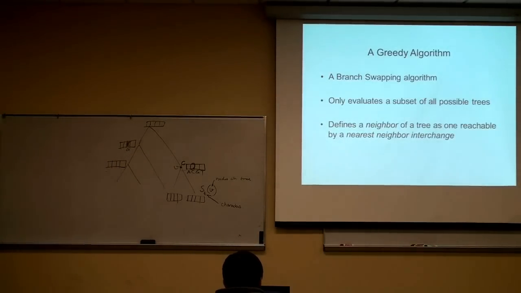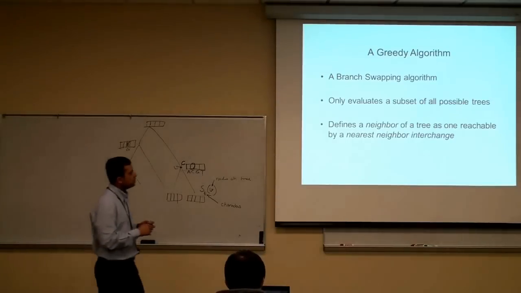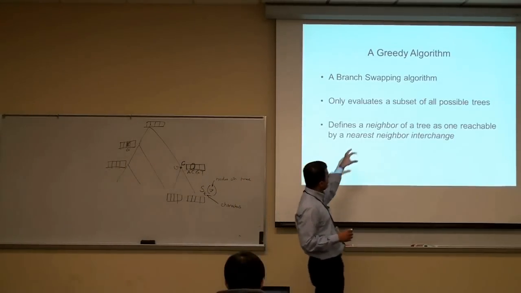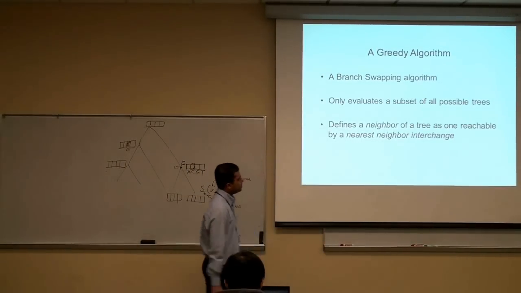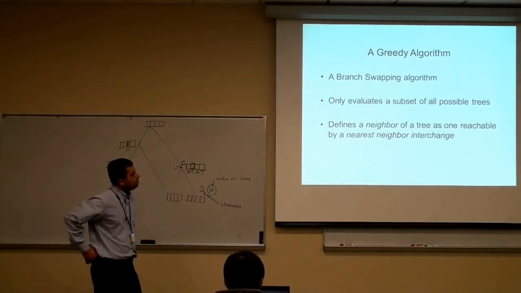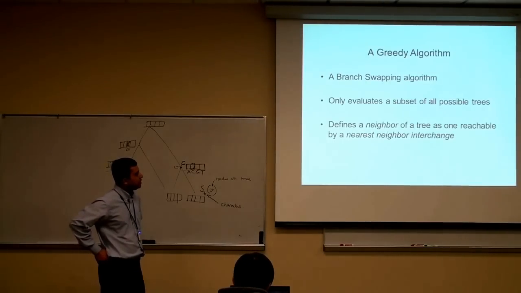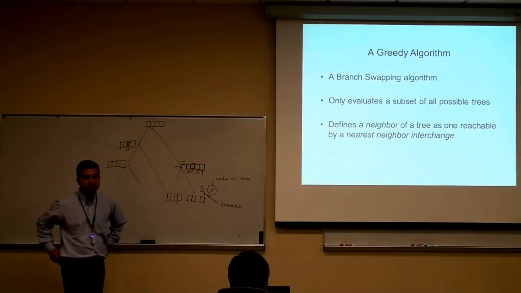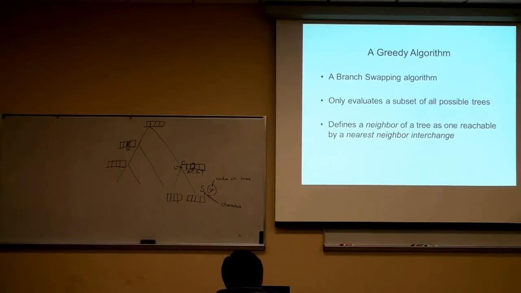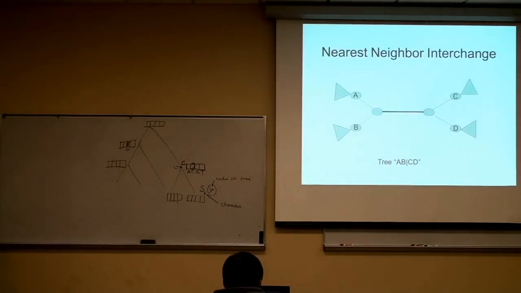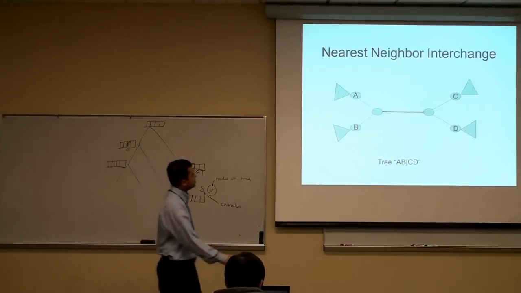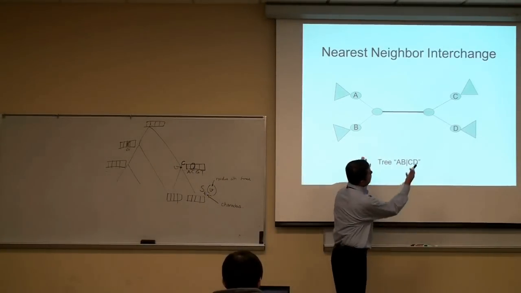So what is this small change that it will do on a tree? It defines the neighbor of a tree. It defines a small change as one that's reachable by a nearest neighbor interchange. And that's the last thing I'll show you. Let's say this is the current topology. And these are not 4 nodes.